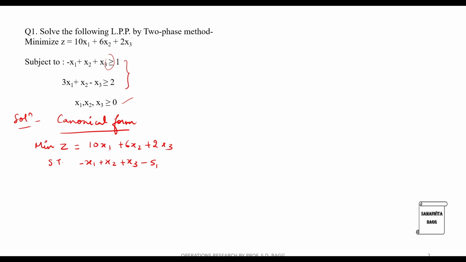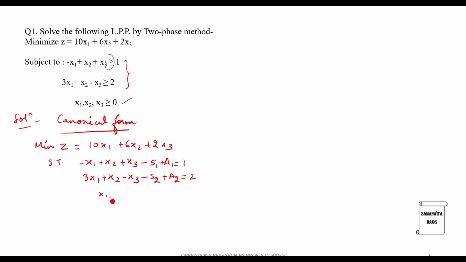Now if I just leave it as -s1 = 1 and assume these three as 0 non-basic variables, then s1 will be -1. So I cannot let that happen. So I will have to add +a1 as the artificial variable. Now the next constraint is 3x1 + x2 - x3. In the same way it is greater than or equal to, so I'll have to subtract the surplus variable s2 and add an artificial variable a2.